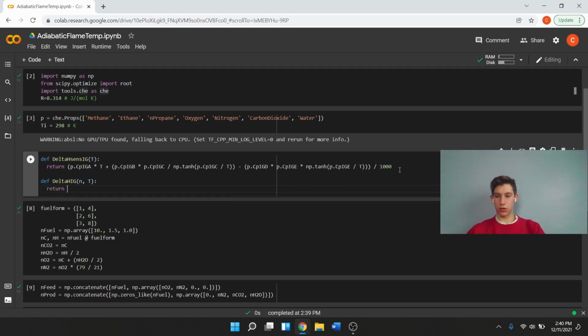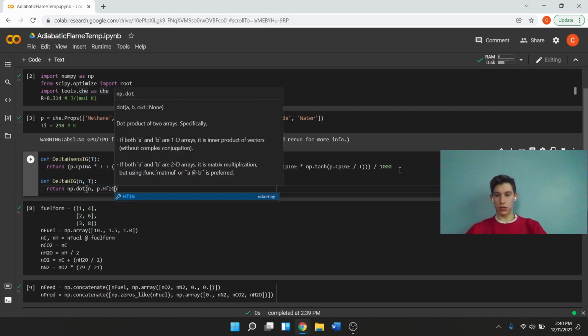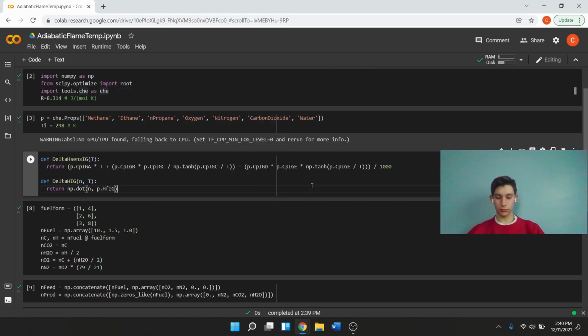So it's going to return the dot product between the moles and the heat of formation of each gas, each compound.